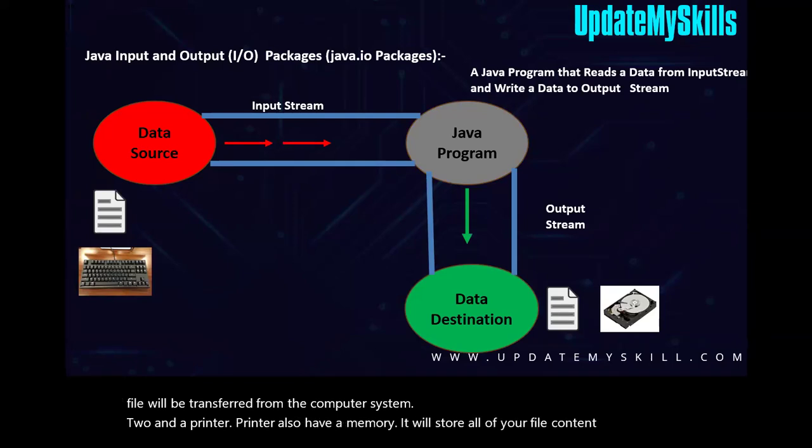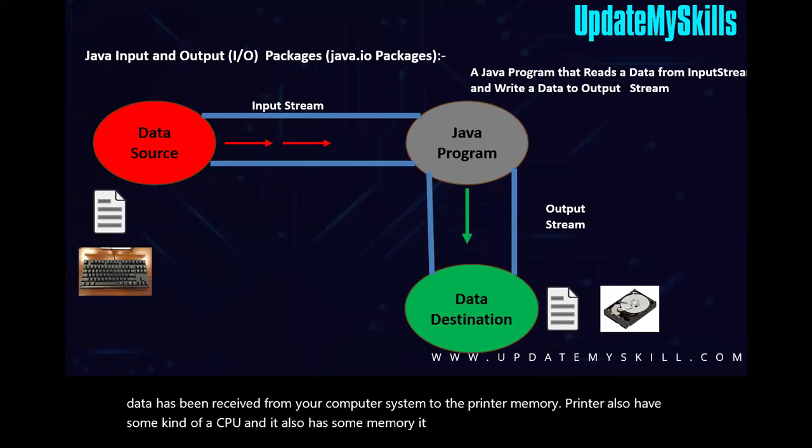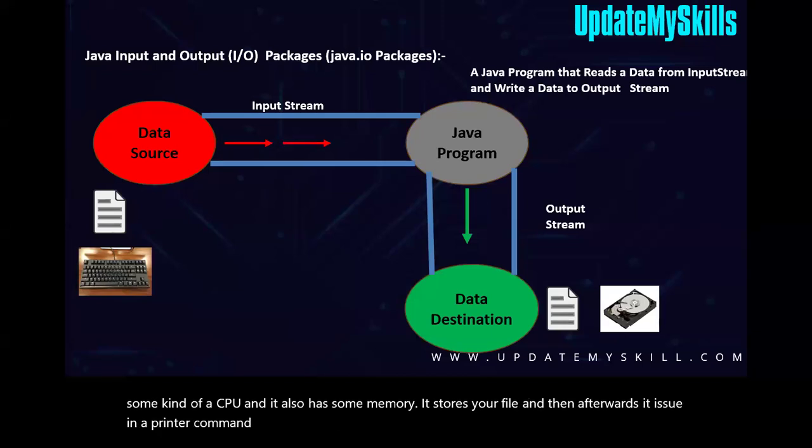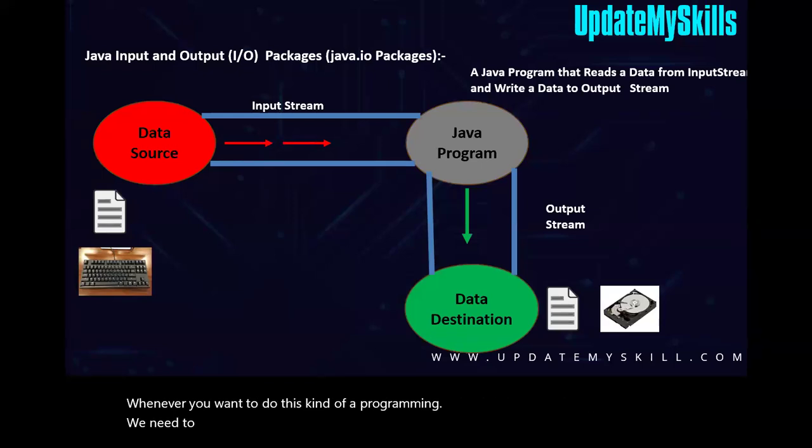After the data has been received from your computer system into the printer memory, the printer also has some kind of CPU. It stores your file and afterwards issues a printer command. It prints physically so that you get the data on paper. Whenever you want to do this kind of programming, we need to implement input and output streams.